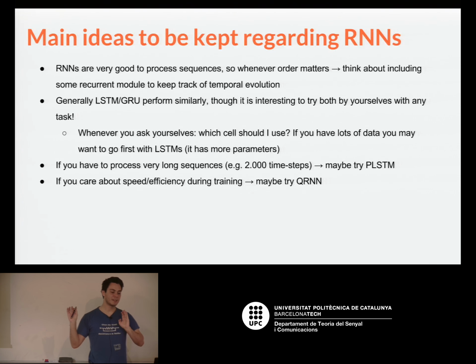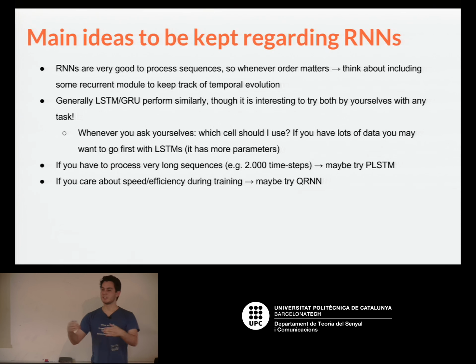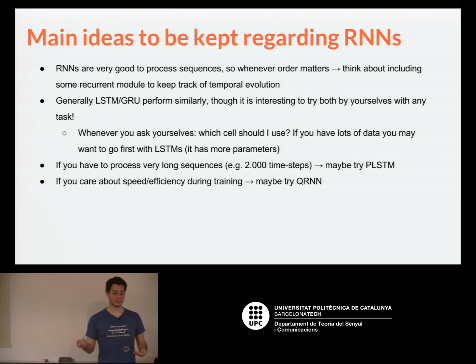And some final main ideas to be kept regarding RNNs. They are very good to process sequences, so whenever order matters, try to apply them. Generally, LSTM and GRUs perform similarly. I told you I would give you some clue or thought about what to use. It's interesting to try by yourselves in any task you choose which performs better, but people claimed in some publications regarding different tasks that they perform similarly, okay?